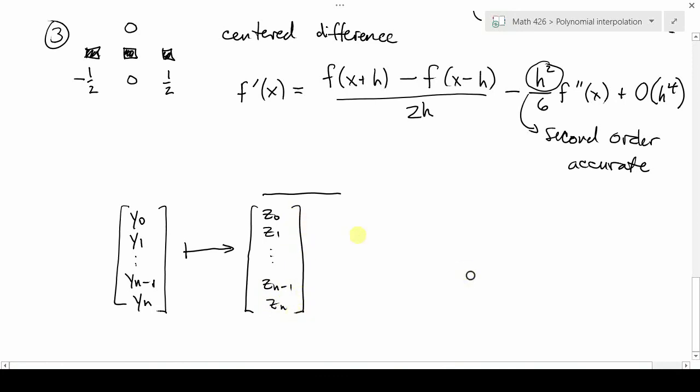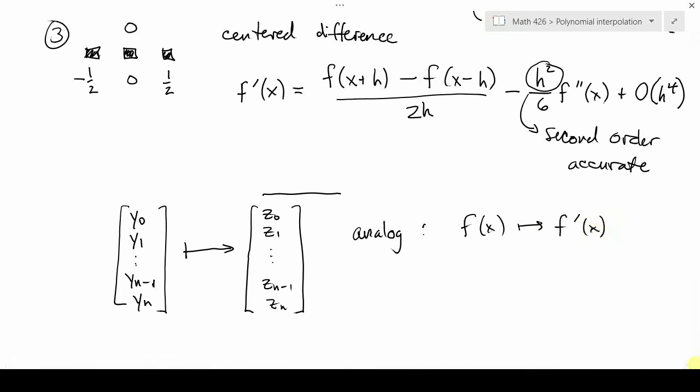Okay, so the analog, this is discrete. The analog in the continuous case is that you're mapping a function to its derivative. Right? And we can write that f prime of x is d by dx of f.